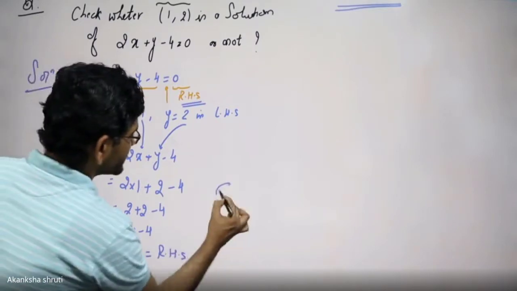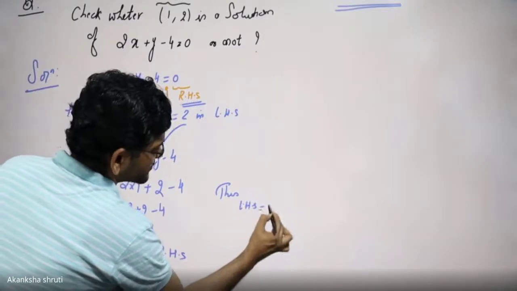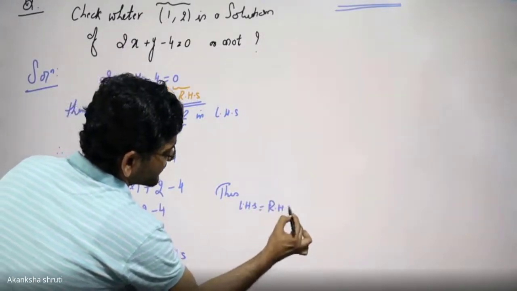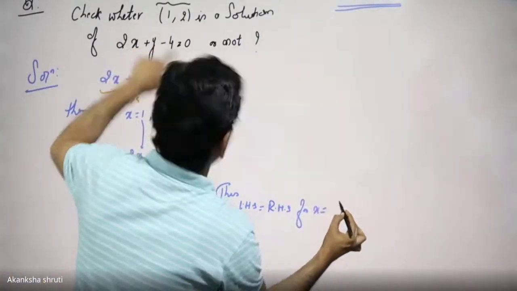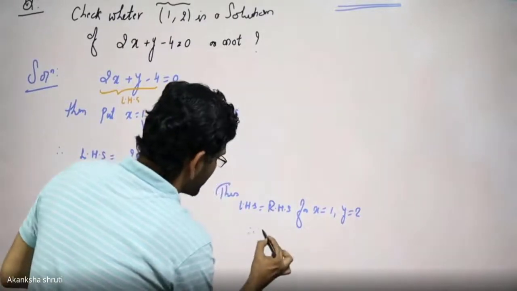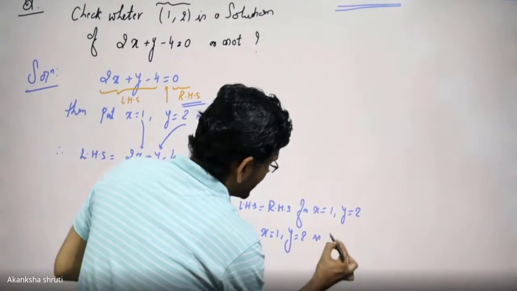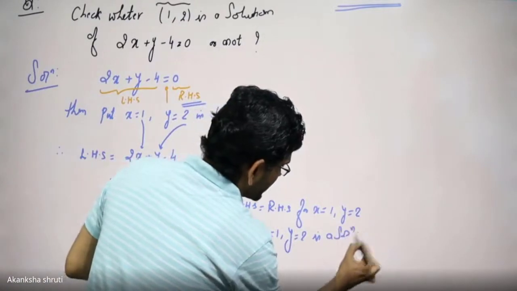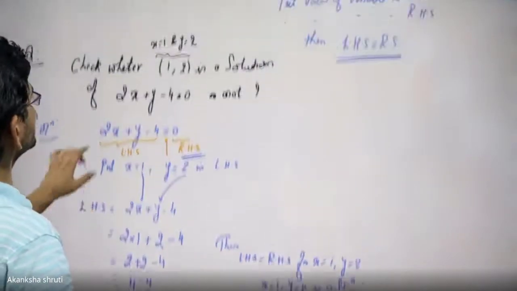So thus, we can say here LHS is equal to RHS for x is equal to 1, y is equal to 2. Therefore, x is equal to 1, y is equal to 2 is a solution of the given equation. If this is not satisfied, then that will not be a solution. So solution simply means that.